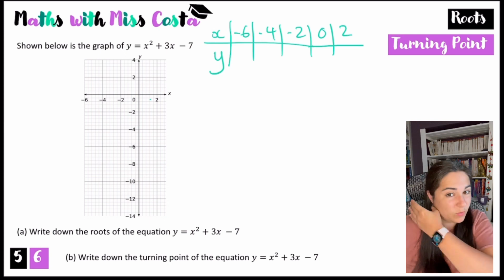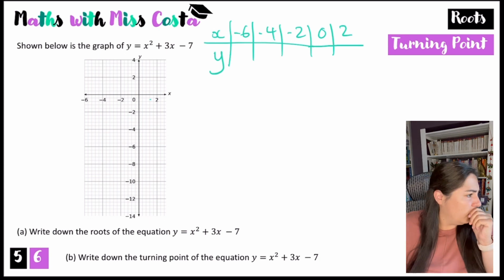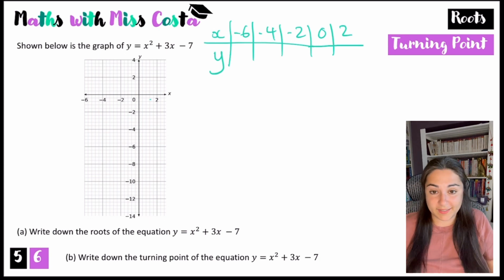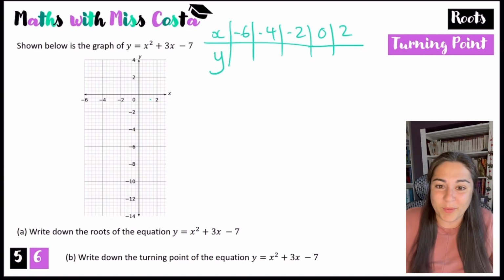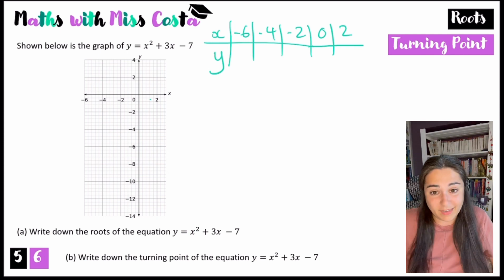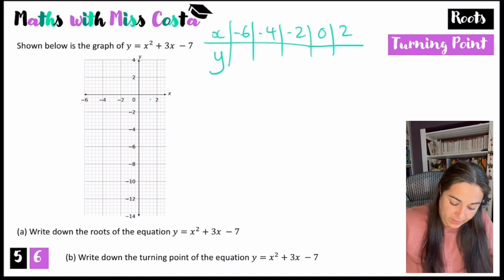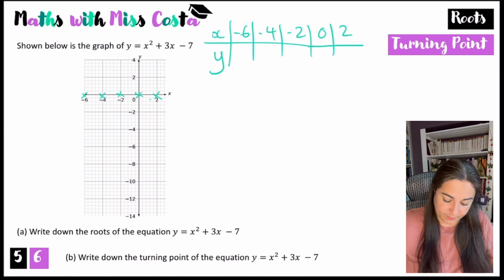So if you are given a quadratic, it doesn't say that drawing quadratics is coming up, but you know, things can come up that aren't stated. So if you're looking to find the roots and the turning points, there is a chance it might come up. So what do we do to draw a quadratic? We look at what x values have been given to us. So can you see how -6, -4, -2, that's the x-axis that we've been given.